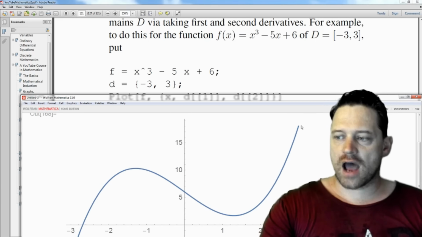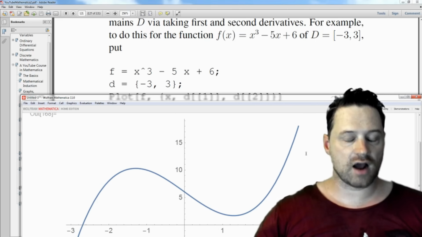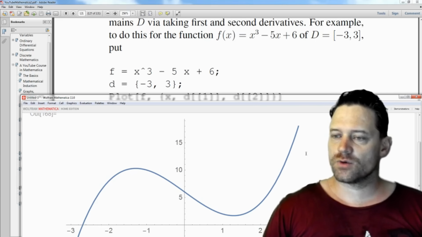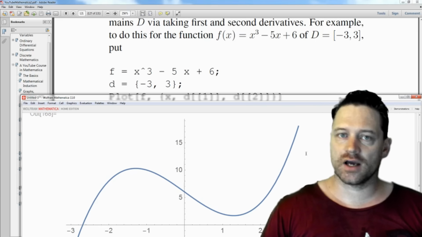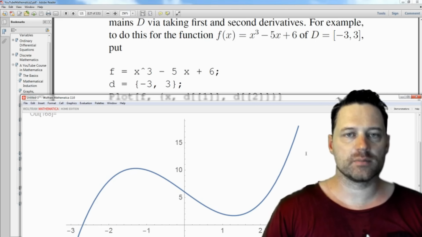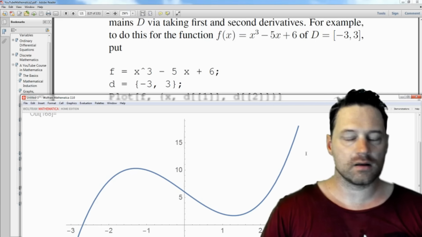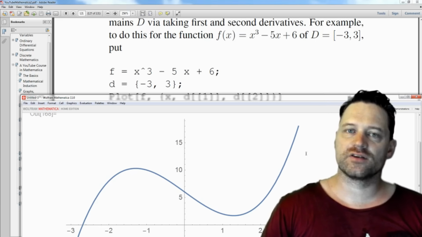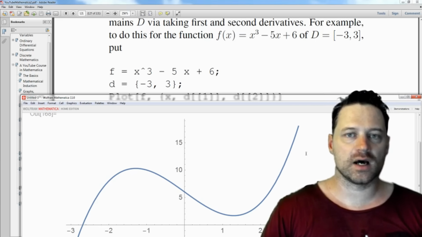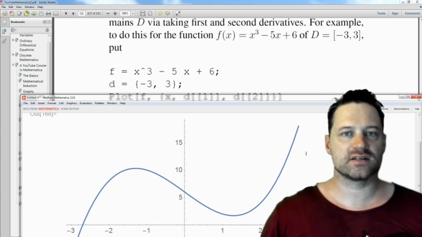So how do you find these if you don't necessarily know what the graph looks like? Well, you want to find all of the local max and min, determine whether they are max or min, and then, if you're looking for global maxima and minima, compare those with the boundaries of your domain.